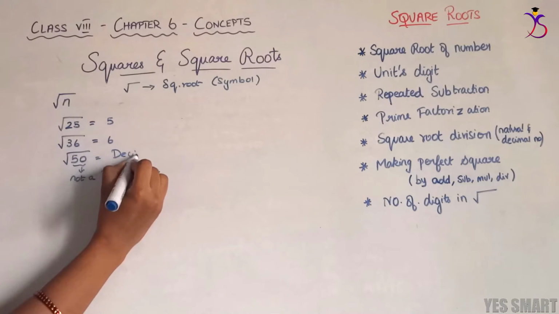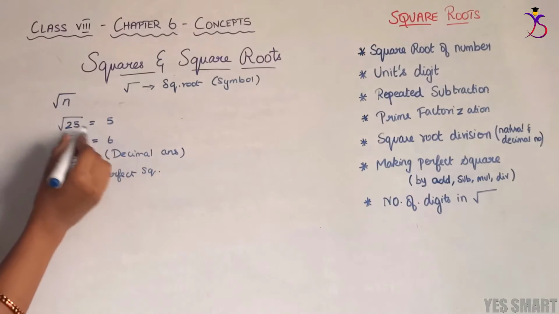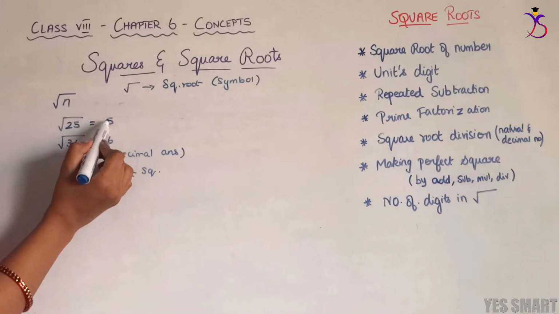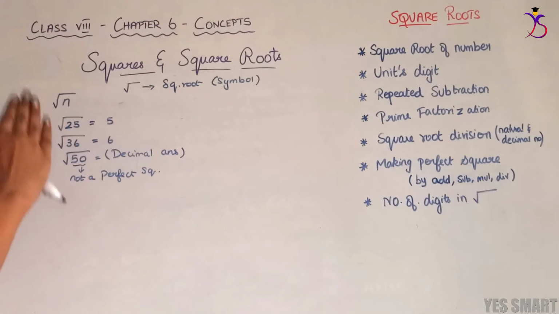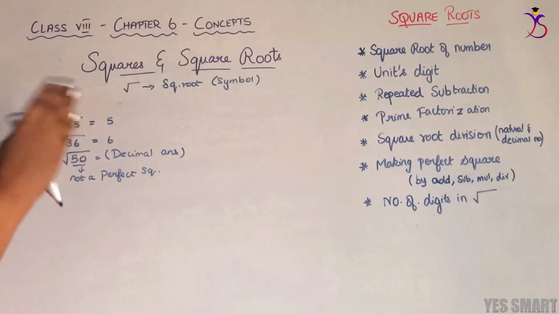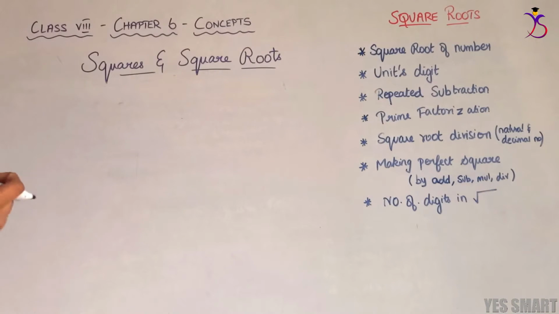Instead we will have the answer in decimal. However, we got whole numbers for the other examples. Now 5 square is 25, 6 square is 36, square root of 25 is 5, square root of 36 is 6. So this is the key point that we have to note as a difference between the square and square root.